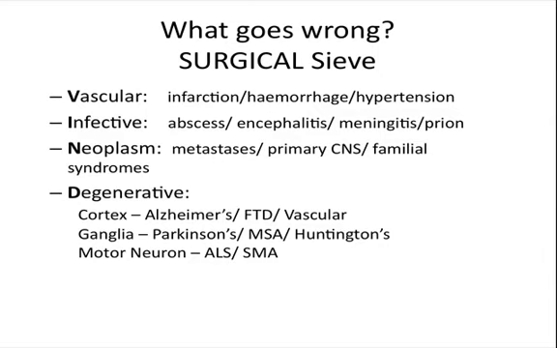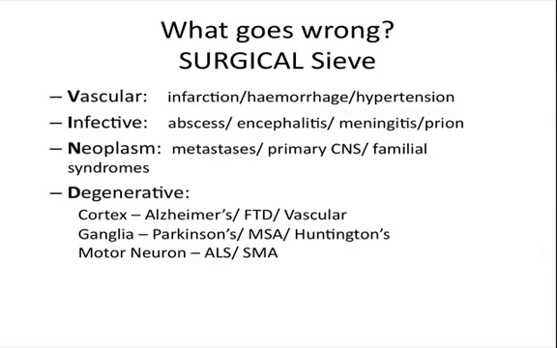When I'm talking about degenerative, it's important to subcategorize into three sort of pathologies, if you will. There's cortex, ganglia, and motor neuron. So things that affect the cortex are Alzheimer's disease, frontotemporal dementia, and vascular dementia.